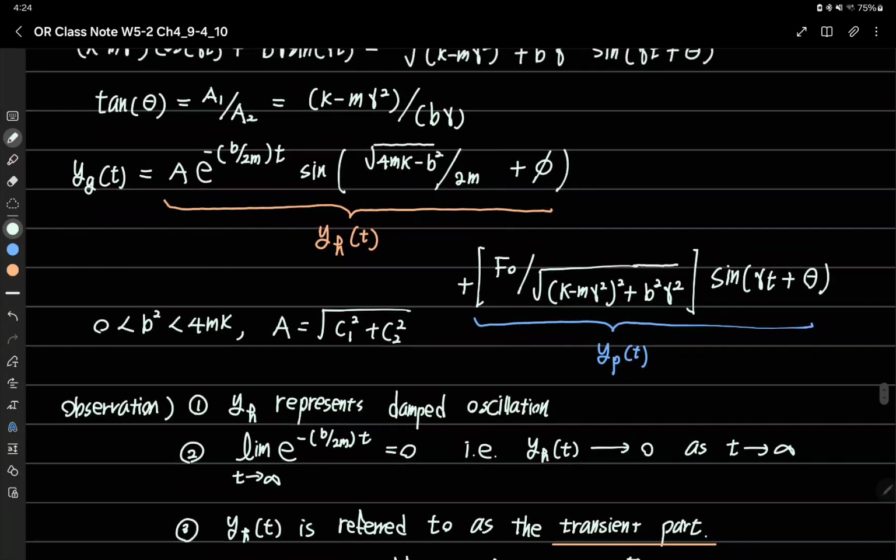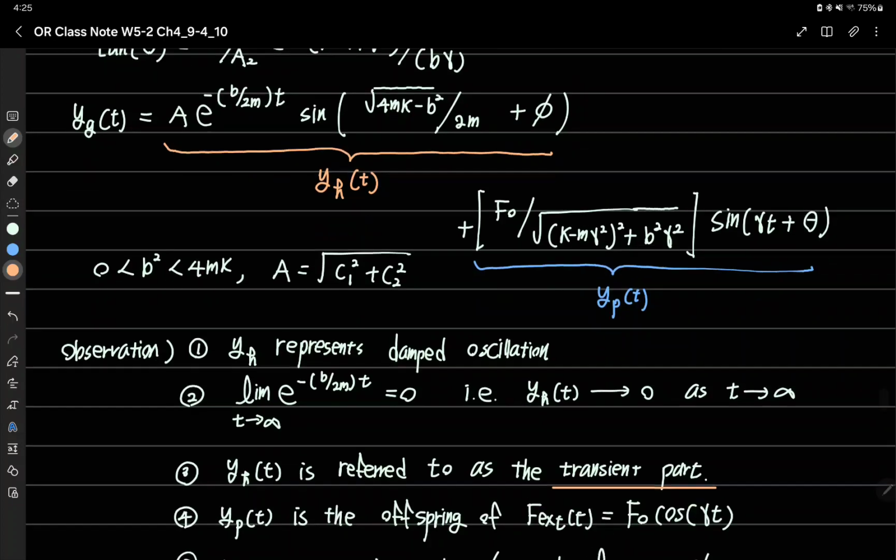So as time marches on and on, YH approaches 0, but YP is still just a wave function. So this is the transient part, and this is the steady state solution.